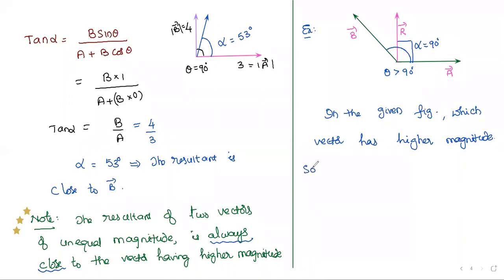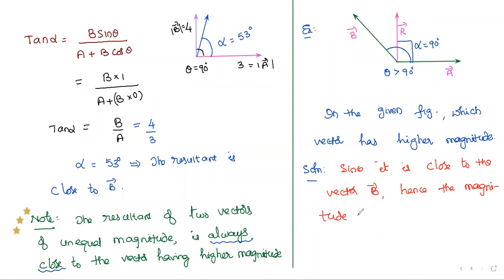Okay. So the solution here: since it is close to the vector B bar, hence we can conclude the magnitude of B bar is more. That's it. Over. Simple.